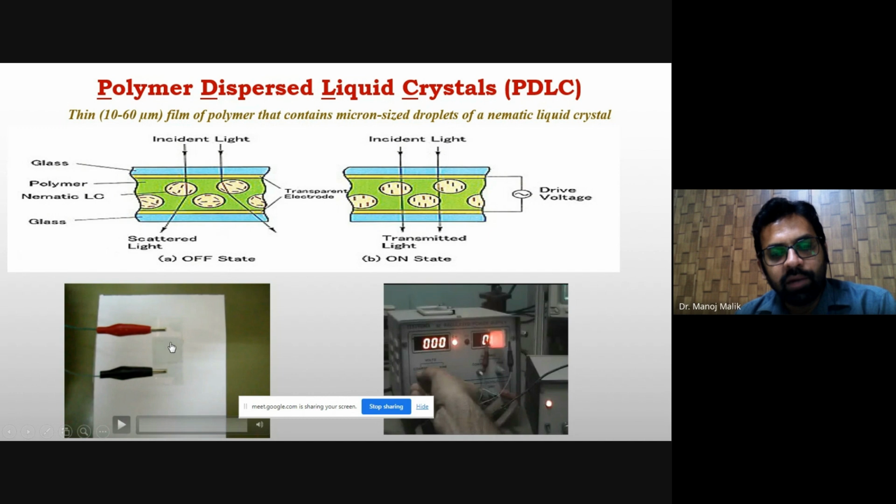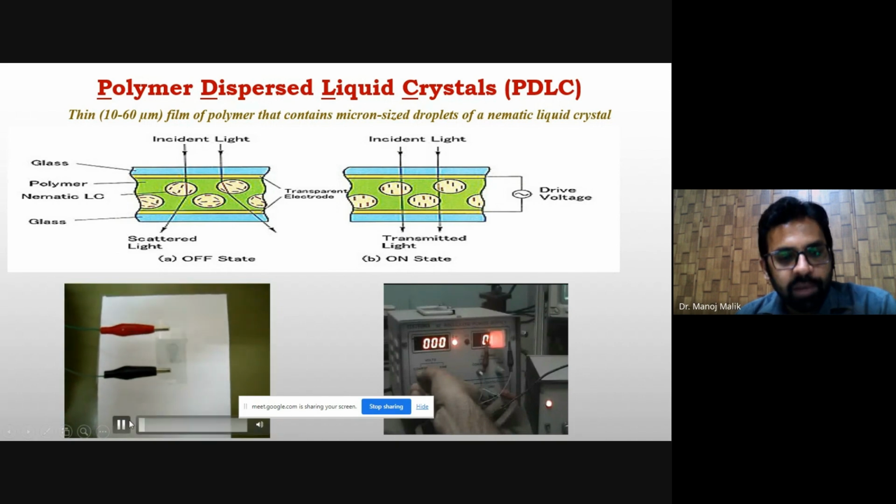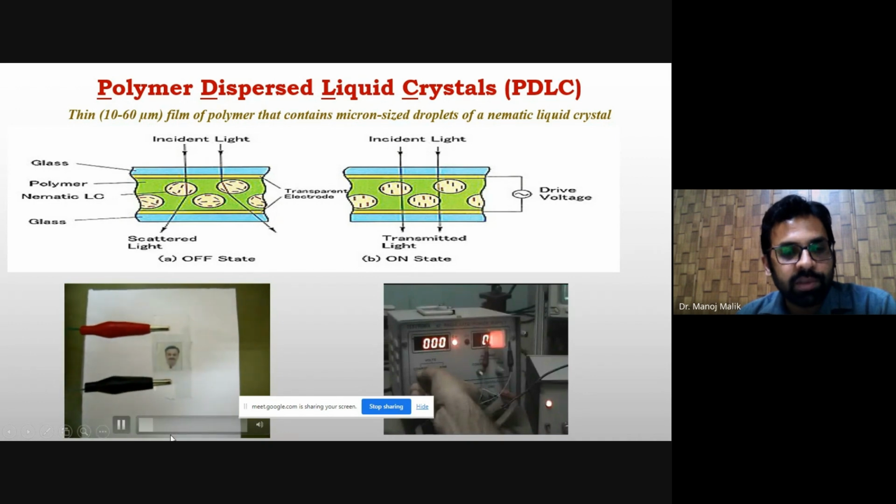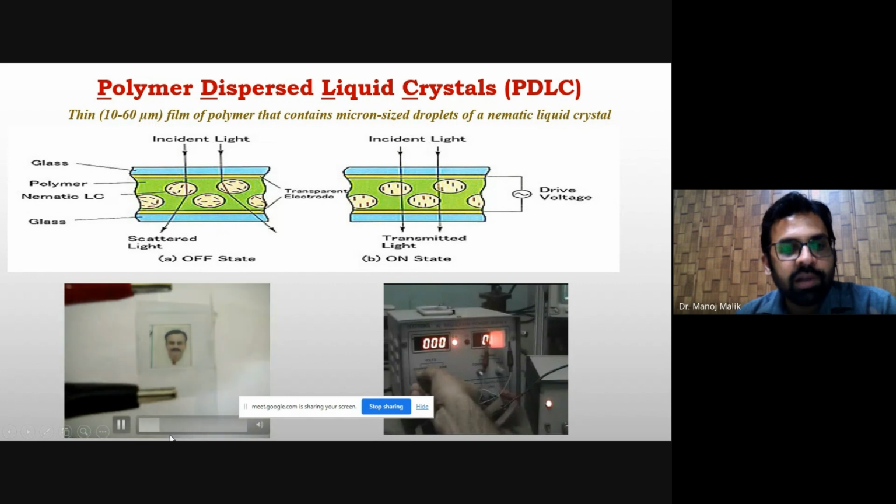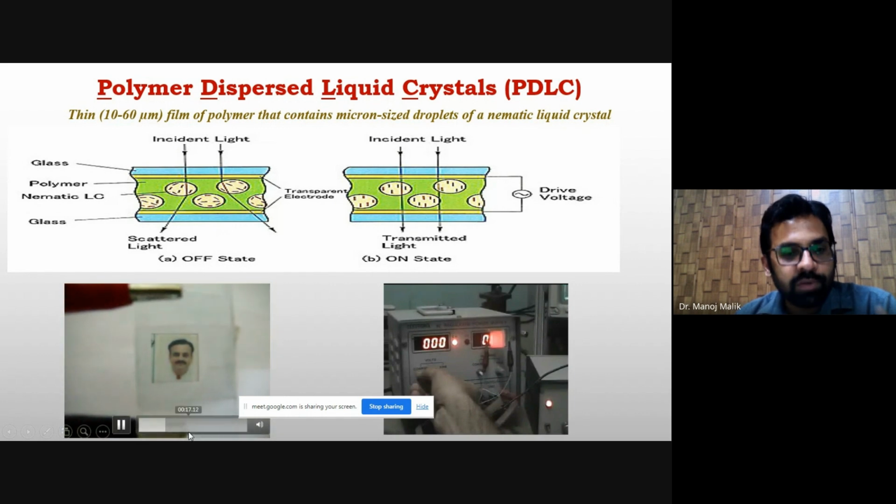And in off state, we can see it is a kind of hazy appearance or opaque appearance. As we increase the voltage, see the picture behind this glass plate, which is now visible as the voltage is increased. Okay, so this is the light transmission change that is taking place through these composite films. Okay, we can see the picture is pretty much very clear.